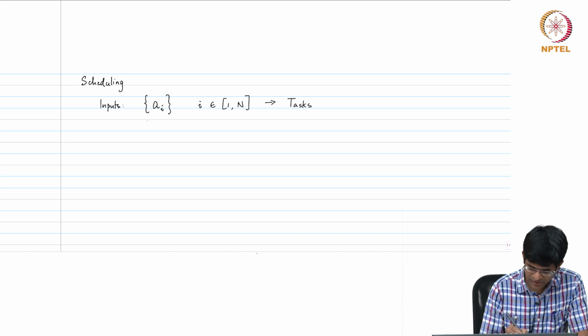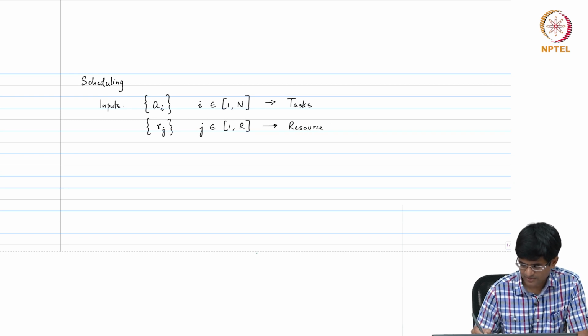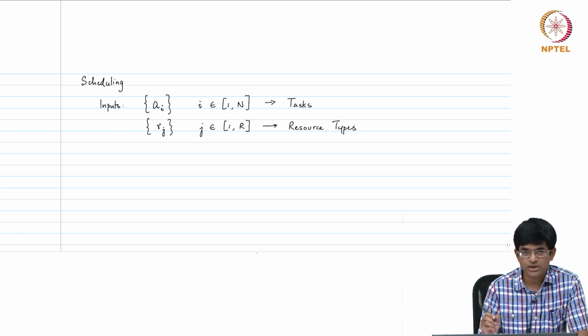In addition, we are given a certain set of resources R subscript j, where j is in the range 1 up to capital R, and these are resource types, meaning that a given resource type can perform a certain subset of the tasks that are available to us.